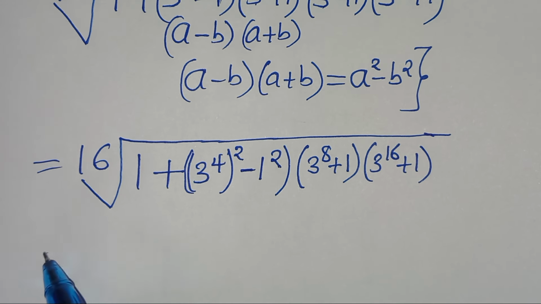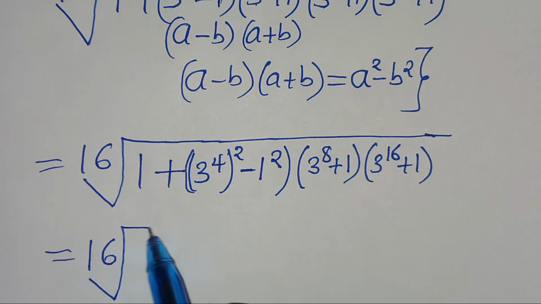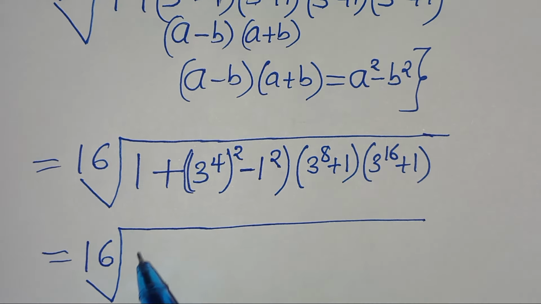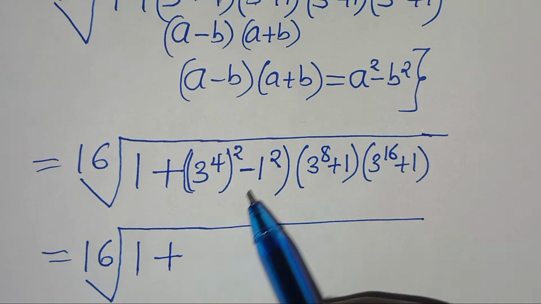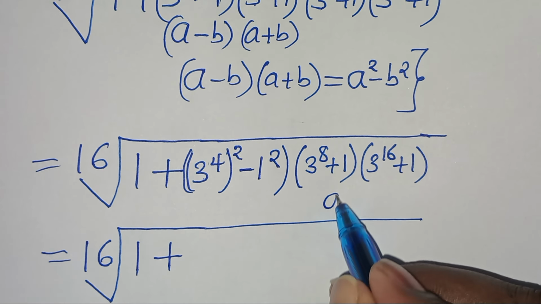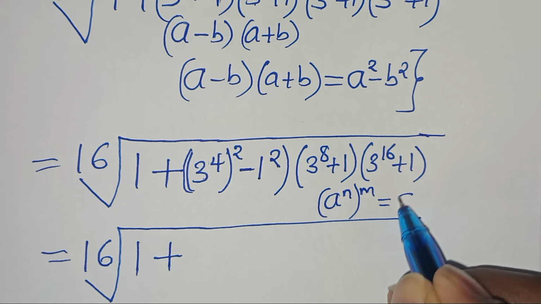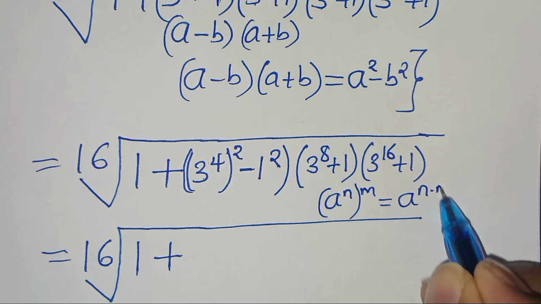Now, the next step is the 16th root of 1 plus 3 to the power of 4 raised to the power of 2. This is in the form of a to the power of n raised to the power of m, which we can express as a to the power of n multiplied by m.